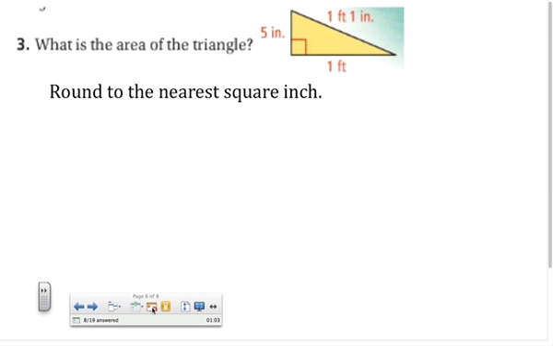What you want to remember is that base and height have to be perpendicular. Not necessarily. I just wanted to make sure to specify what unit I want to use.